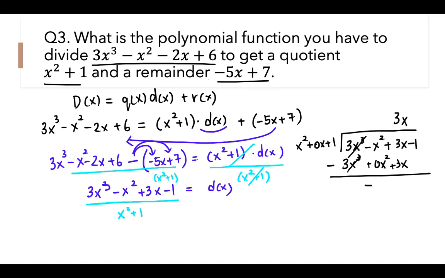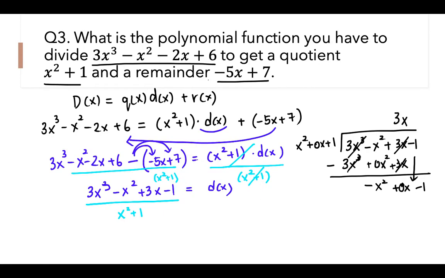Then it will become negative x squared. It cancels out. So I'm going to bring the last one that's there, negative, so 0x, minus 1. So this is supposed to be 0.